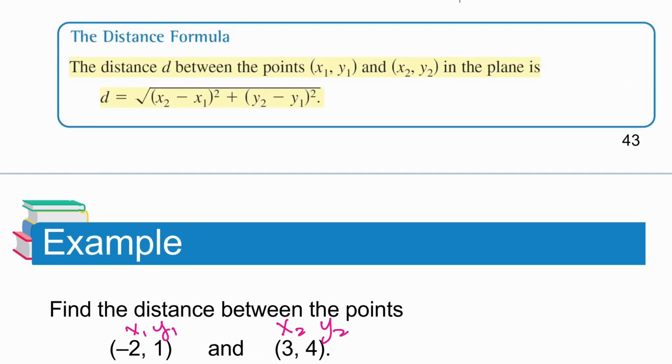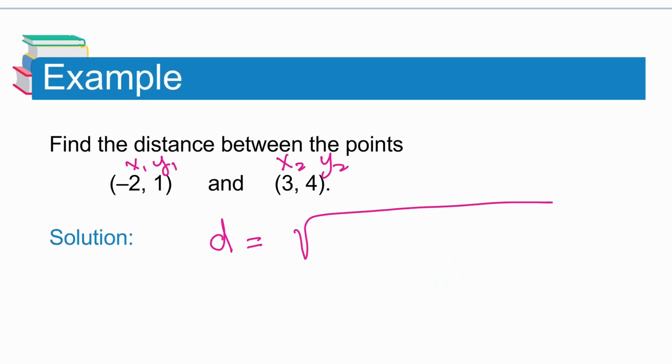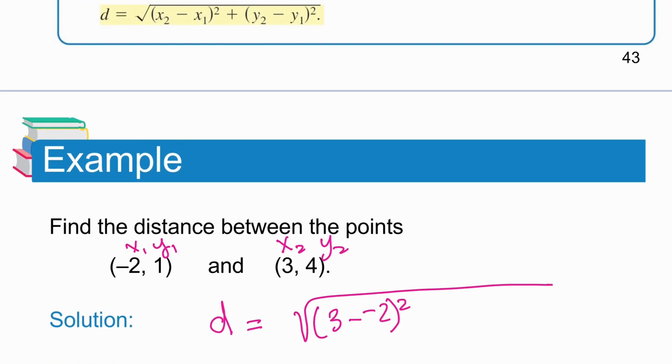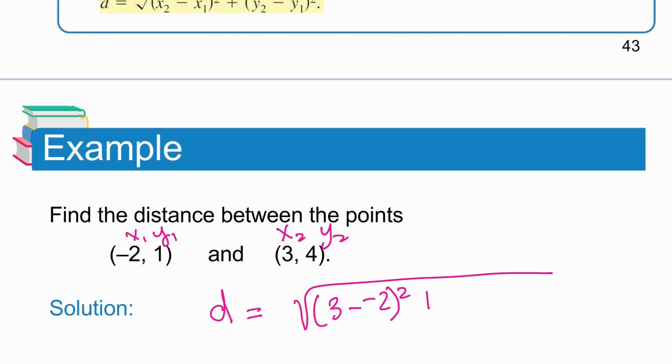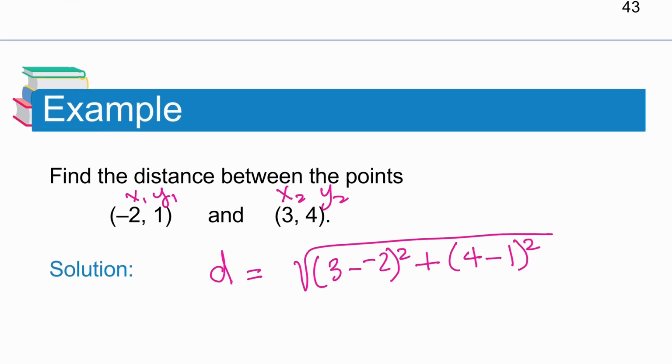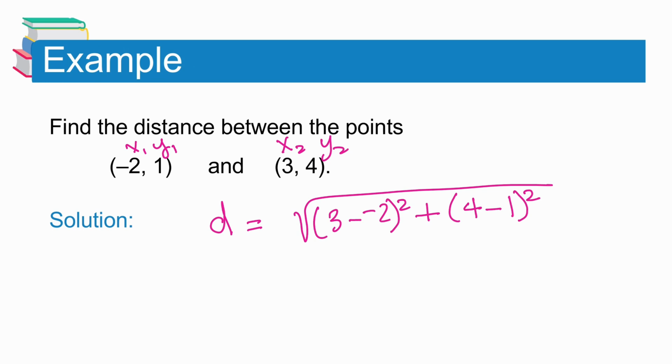I see my x2 minus x1 is squared, so I do the 3 minus the negative 2 squared. Then my symbol between them is plus, so I have plus here. Then my y2 minus y1 squared, so my 4 minus the 1 quantity squared. So 3 minus negative 2 is really just 5.